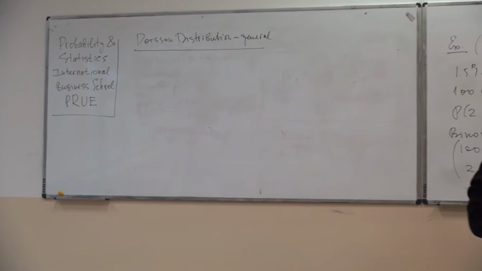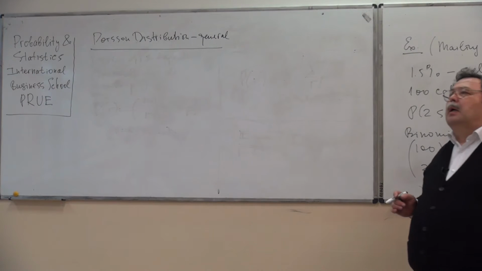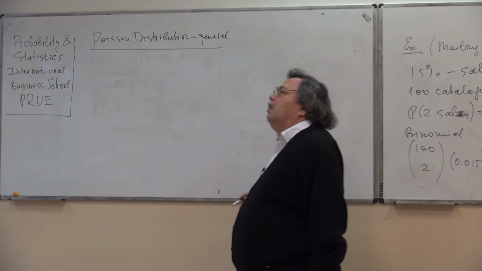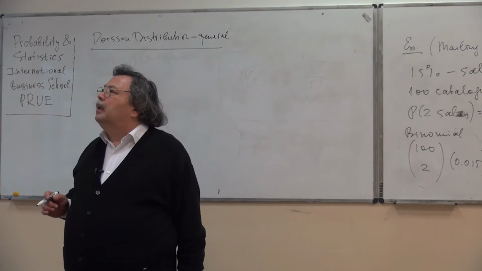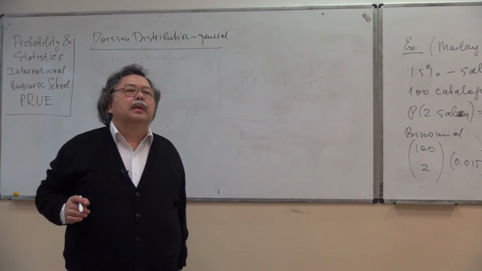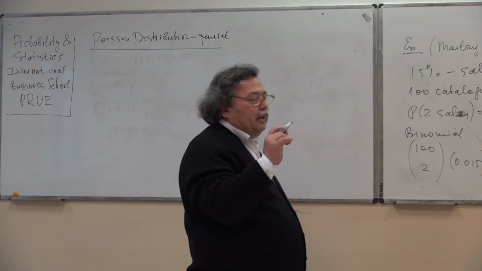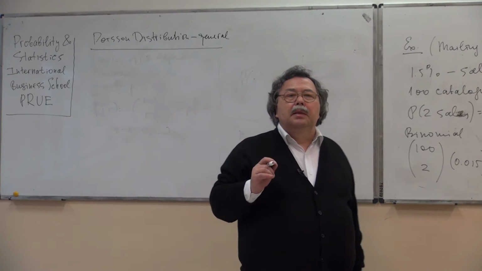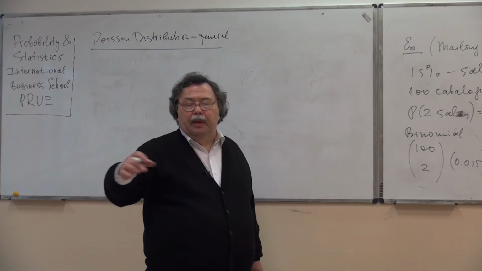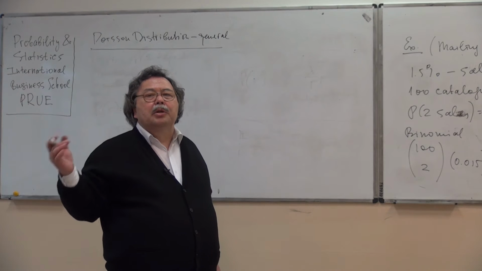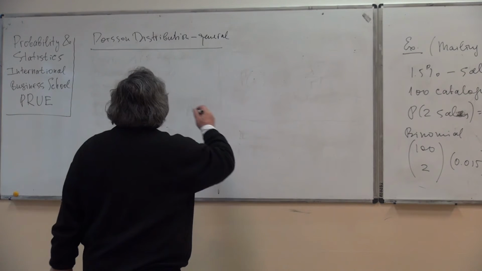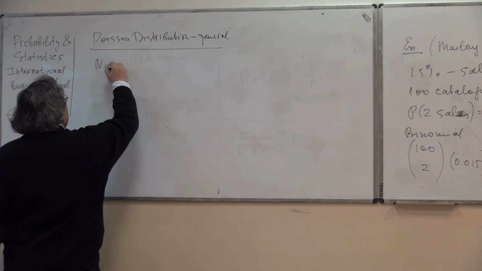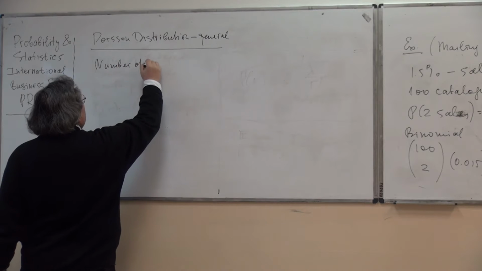Now, Poisson distribution generally describes the number of occurrences of a certain event in a given time interval or spatial region or something. So, number of occurrences.